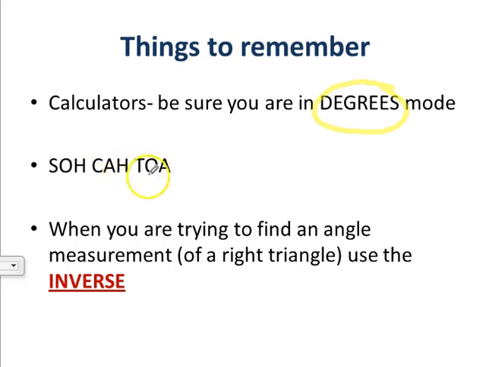For the tangent, it's the opposite side over the adjacent. These are great ways to remember those ratios. And then, just like we did in the warm-up, when you're trying to find an angle measurement of a right triangle, use the inverse of the trig function. That's how you find an angle measurement.